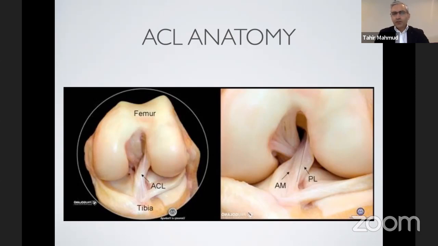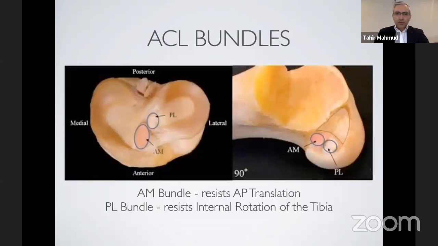So here we are with a cadaveric dissection of those bundles, on the tibia, looking from above. We can see a large footprint of the AM bundle, and we can also see a cross-section through the lateral wall of the intercondylar notch, and we can see the footprint for these bundles on the femoral side as well.